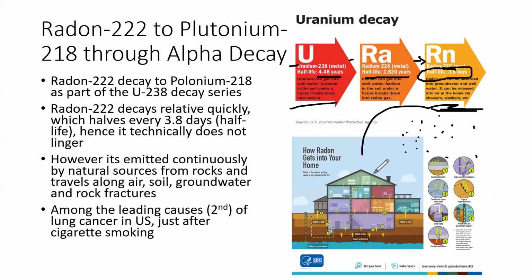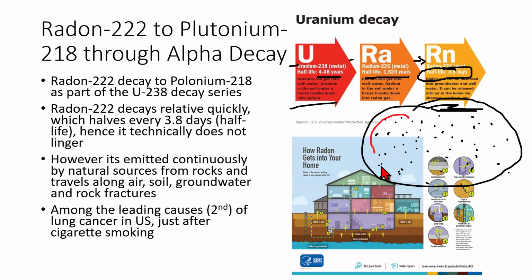If you have a collection of atoms, let's say 100 atoms, the half-life is the time in which half of the atoms in this sample would decay into another isotope or another element.